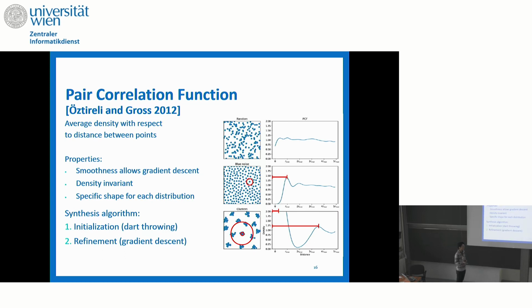First of all, let me just show how characteristic these PCFs are. As you can see, for different point distributions here, you can see really the correlation between their points, or the way they're embedded on the plane, through the PCF. The first peak that you can see on the graph would give you an idea of the smallest distance between clusters of points, if I can call them like this.